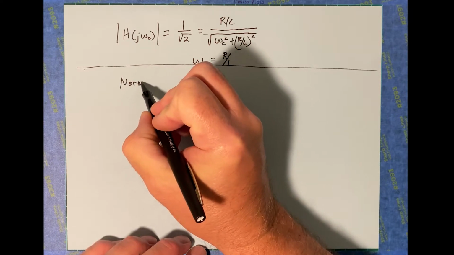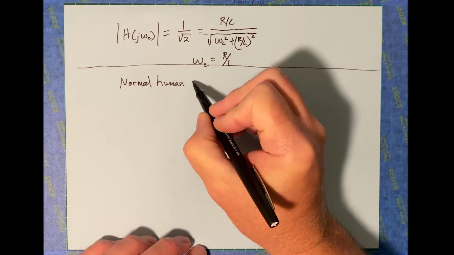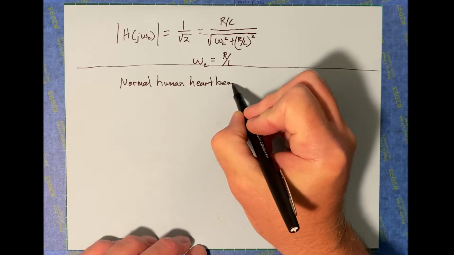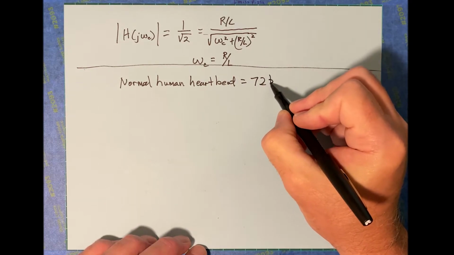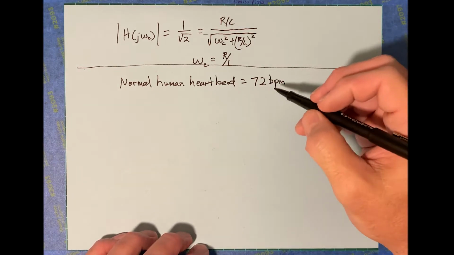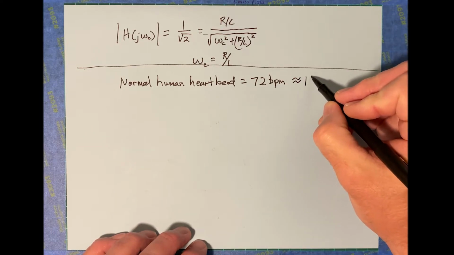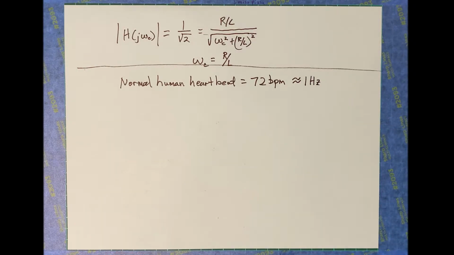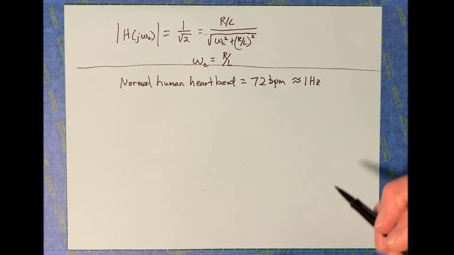A normal human heartbeat is about 72 beats per minute. If you round that, that's approximately equal to 1 hertz. Okay, 1 hertz would be 60 beats per minute, but we're getting close to that.